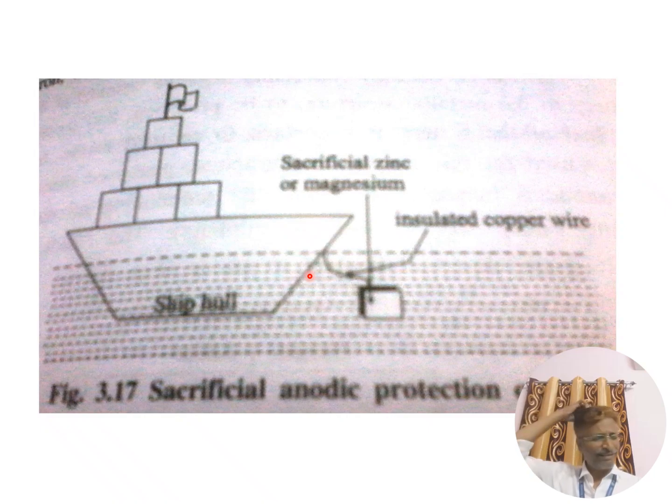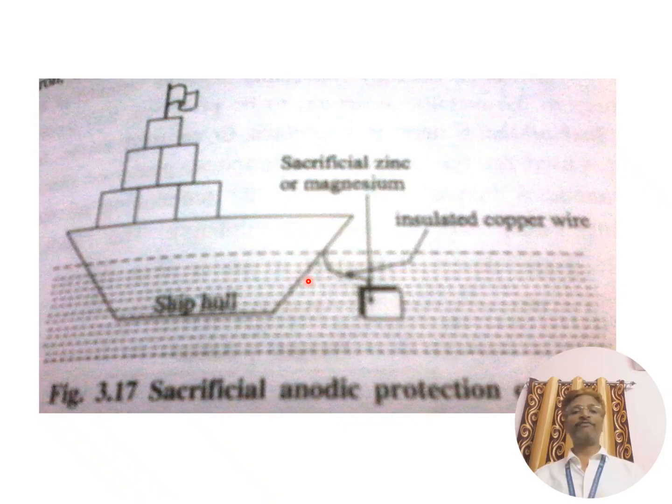In the seashore area, you can see the corrosion mostly occurs in this region. So how can we control it? Here it should be connected via a wire with magnesium, zinc or aluminium. So the corrosion occurs there only, and you can frequently replace it.